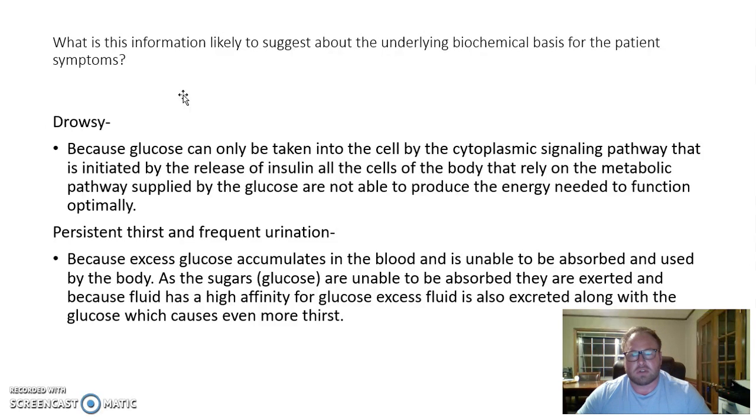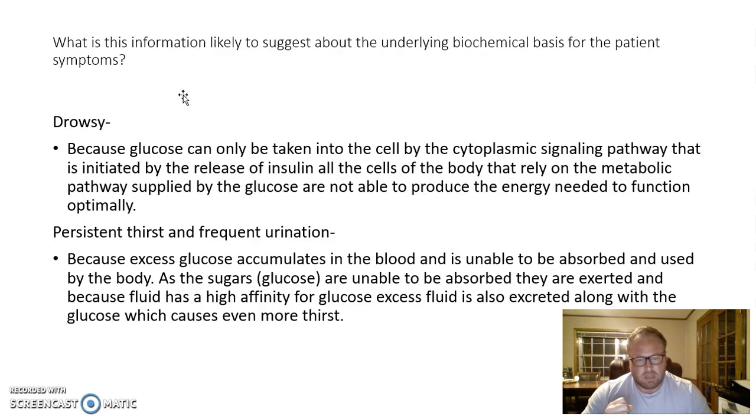And as far as the persistent thirst and frequent urination, that's a typical sign of diabetes 1 and 2. But given the patient's age, I would say it's more likely that it's type 1. The reason the persistent thirst and frequent urination happens is that as the glucose is not taken into a cell, it accumulates in the blood, and it has a high affinity for fluid.